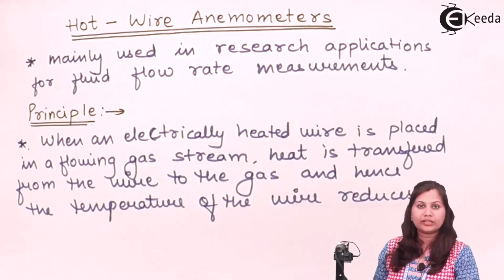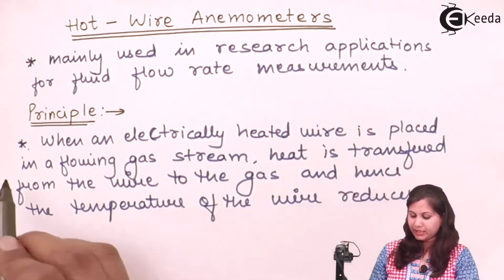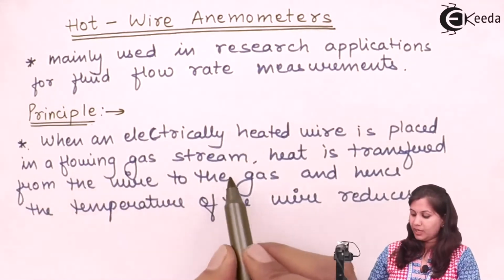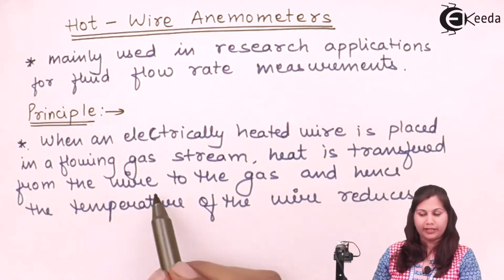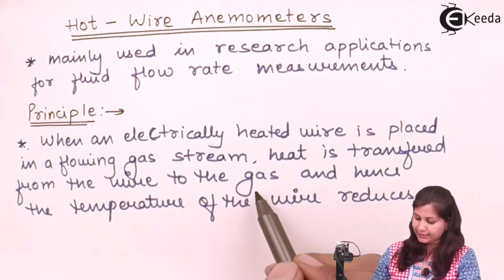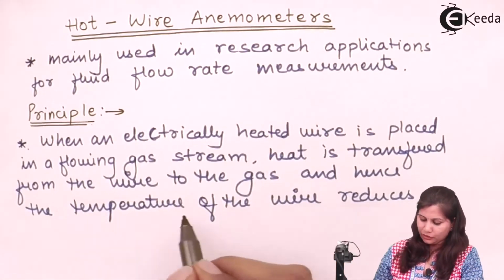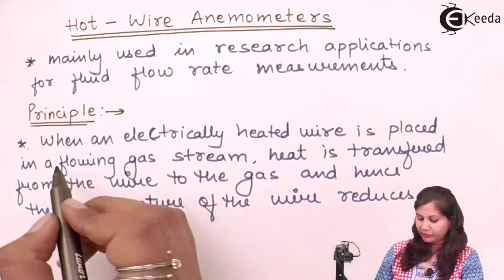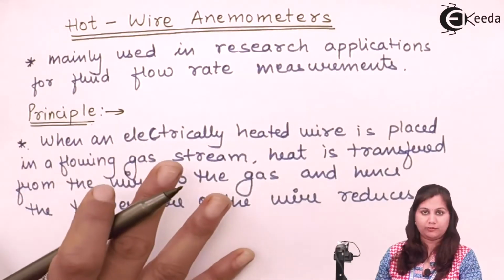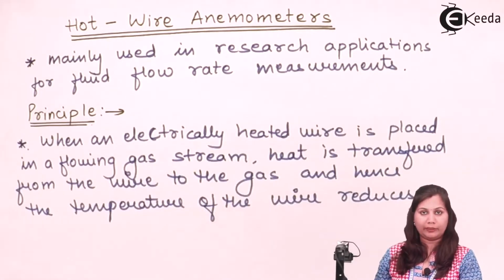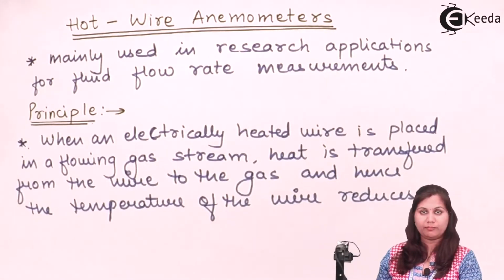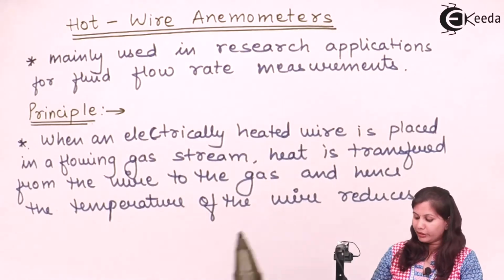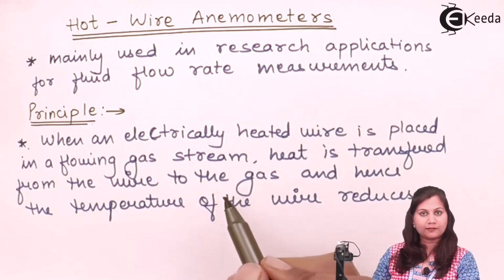When an electrically heated wire is placed in a flowing gas stream, heat is transferred from the wire to the gas and hence the temperature of the wire reduces. It's not necessary that we have a flowing gas stream only. We can have a liquid stream also. If it is a gas, then heat is transferred to the gas.